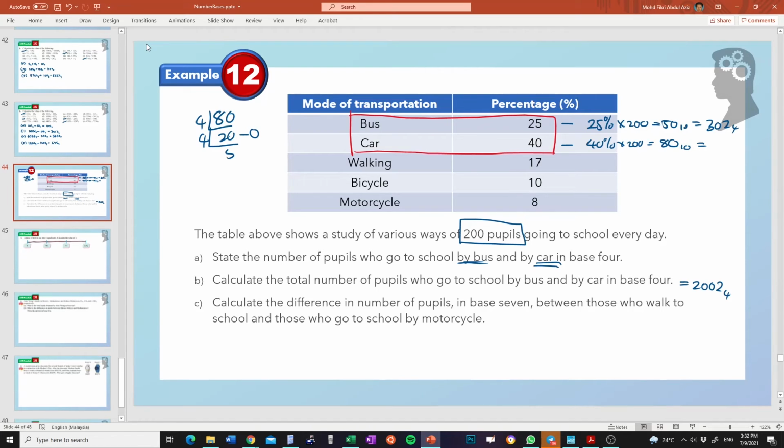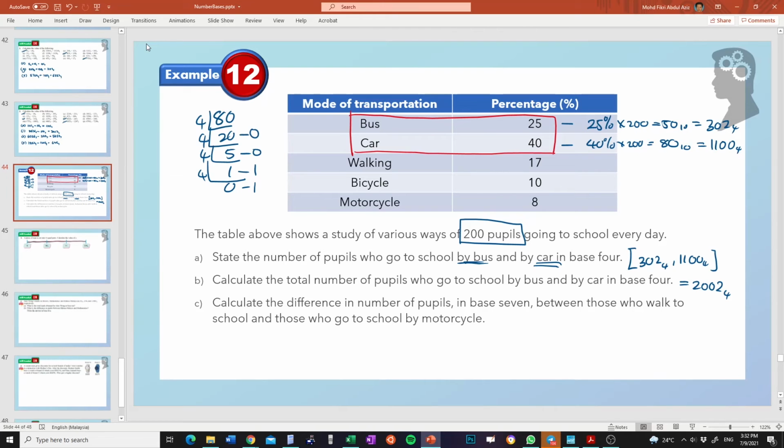By 4 again become 5, 0 again. By 4 again become 1, 1. And by 4 again become 0, 1. So this is 1100 base 4. So the answer for question A is basically 302 base 4 and 1100 base 4.